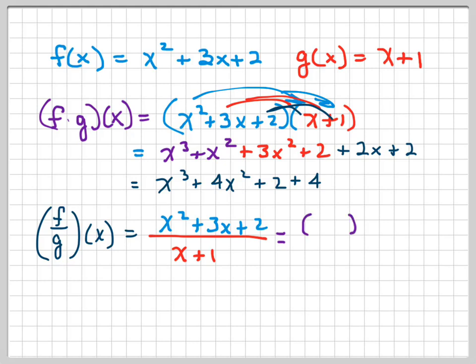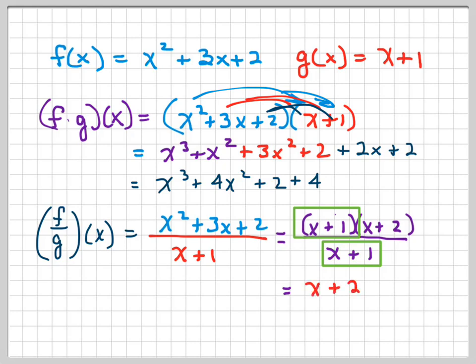And so to do that, we would factor our numerator. Like that. And we can see we have a common factor in the numerator and the denominator right here, x plus 1 and x plus 1. Those are common factors, and so we end up with x plus 2. Now this is assuming that x does not equal negative 1. Because notice if x is negative 1, then you would end up with an undefined function because you can't divide by 0.